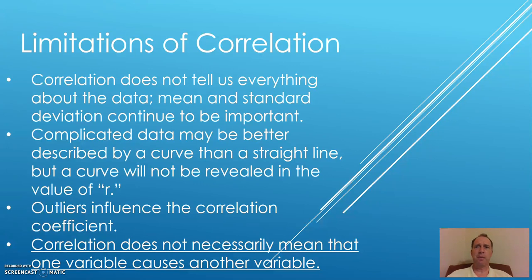Going back to the example, if you find that for every 10 hours of study, the average course grade improves by 1 percentage point, but then you suddenly see that one student only studied 1 hour and got a 99 in the course, that would probably be an outlier and it would influence the coefficient. You'd have to decide what to do about that in order to get valuable information.